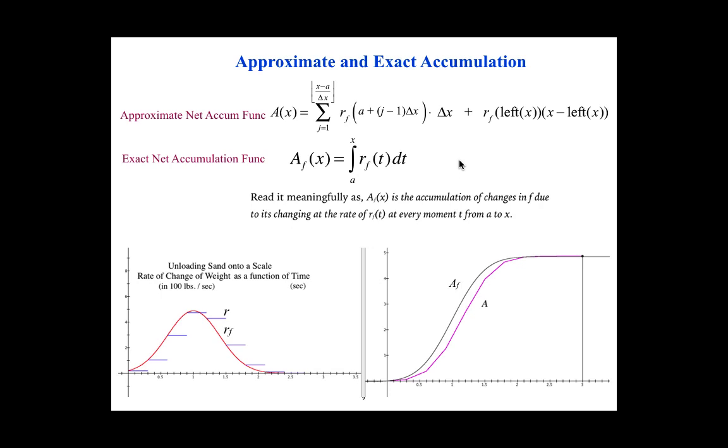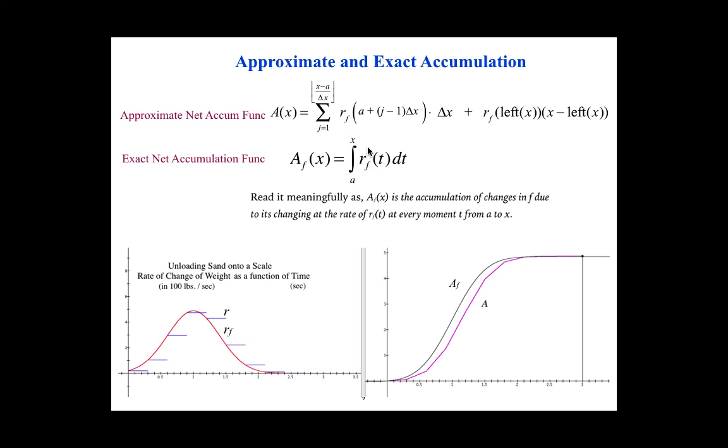But that doesn't really mean anything. What this tells us, though, is this exact accumulation is found by summing up all of the changes in our function at the rate of change, r sub f of t, at every moment between a and x.